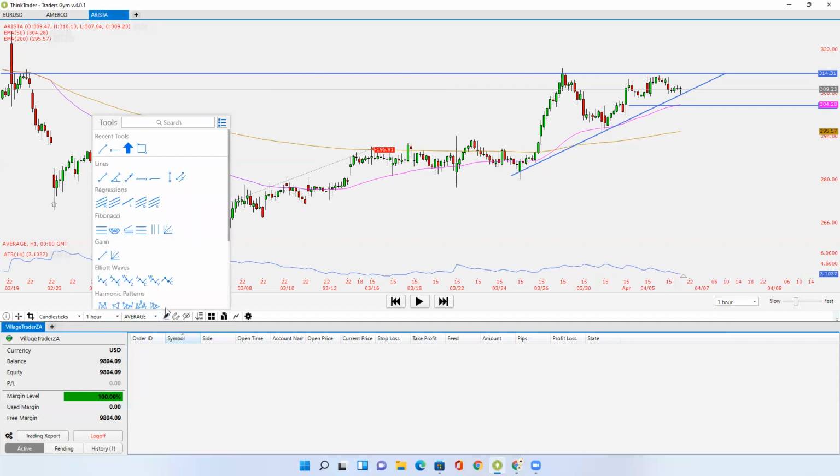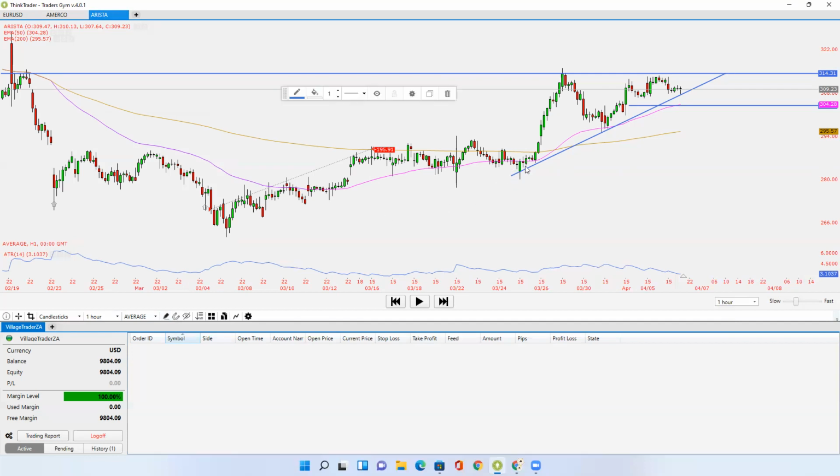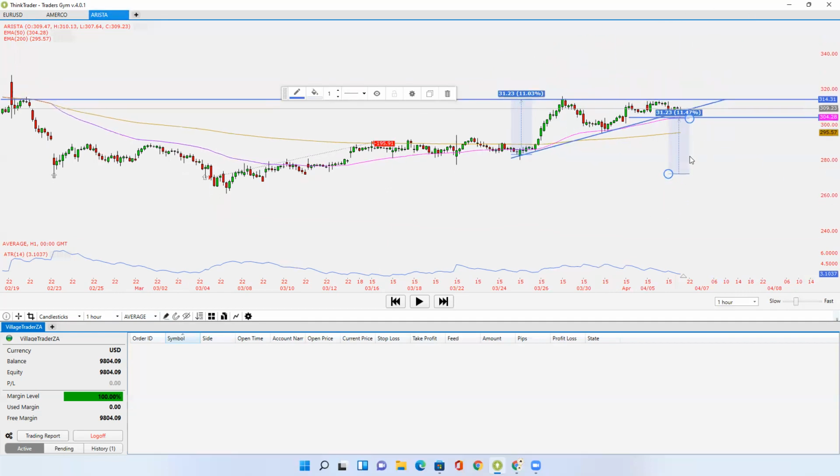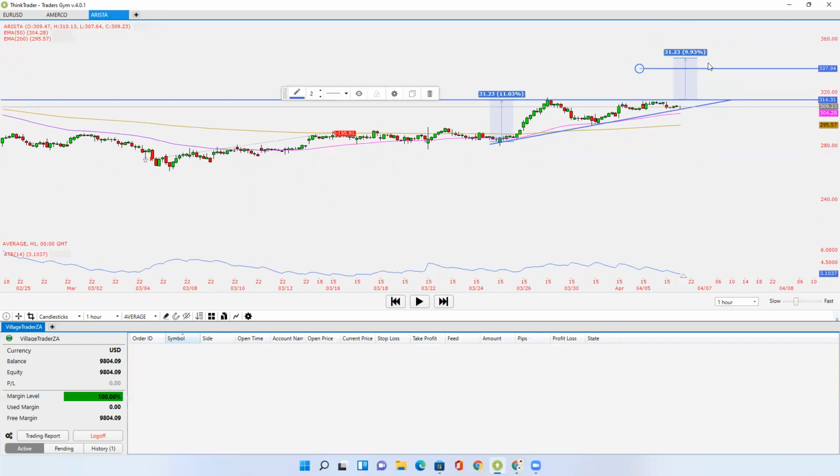You take the width of the triangle from its broadest point, which is the side, and then you extend that to the upside. So now your target would be 345, right?